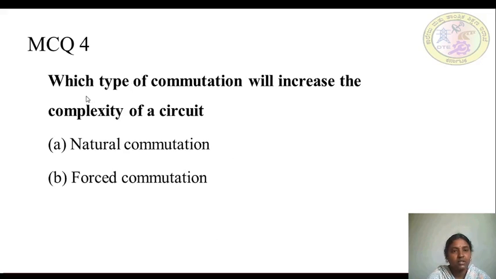And the next one is, which type of commutation will increase the complexity of a circuit? So this question I have already answered in my previous slide when comparing natural commutation with forced commutation. So the options are natural commutation or forced commutation. If you recall the slide of comparison between these two types of commutations, then the answer is hidden there itself.